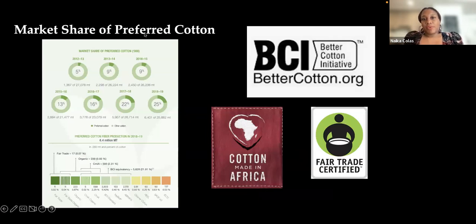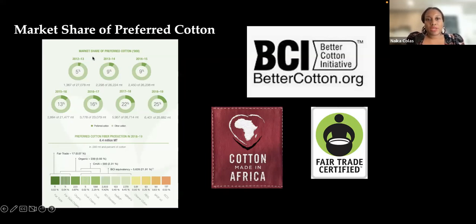There's the Better Cotton Initiative.org. If you see BCI, there are brands that are certified by BCI. And then there's your Fair Trade, and another organization, Cotton Made in Africa. These are sustainably sourced cottons.